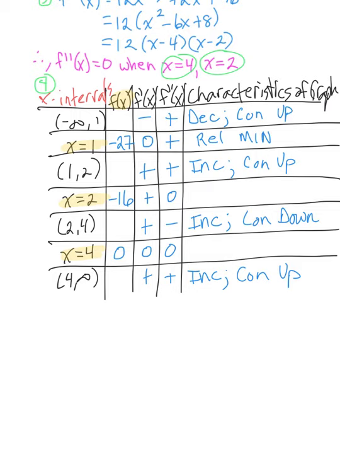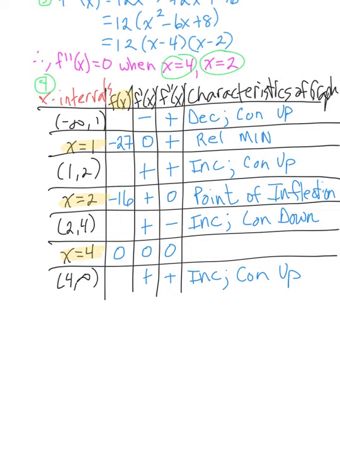And then looking at this one, these are not the same. And so it must be a point of inflection as soon as these are not the same. And notice that these are the same. They always will be for a point of inflection. And you can look at the graph up there and see.